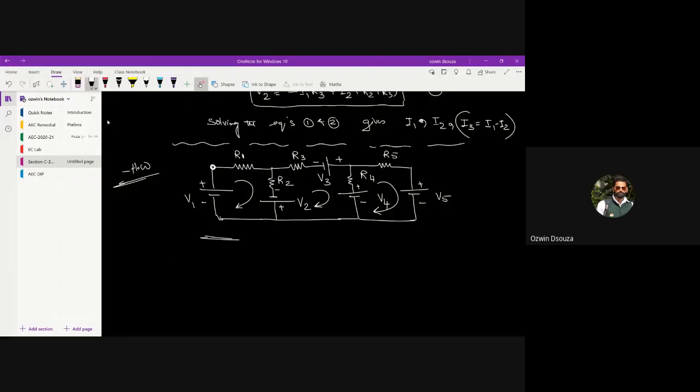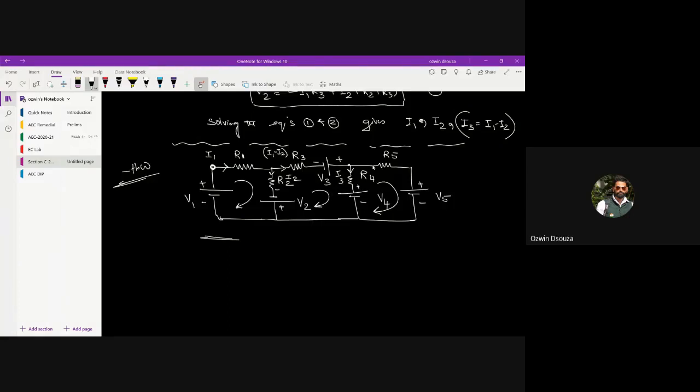So what you can do is, let's say this current, I will take it as I1. And this current, I will take it as I2. This current is the difference of I1 and I2, so the current through R3, let me take it as I1 minus I2. And over here, this particular current, I will take it as I3.